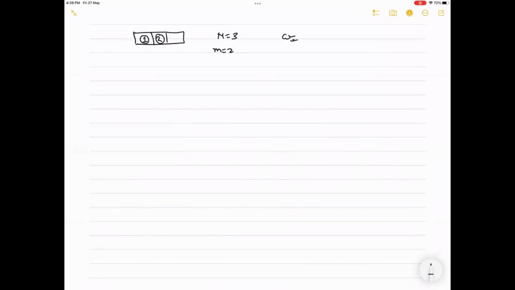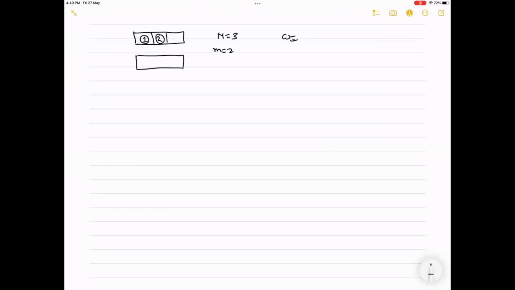Please raise your hand. If I have 2 non-identical proteins and 3 binding sites, how many different possible arrangements are there? Six. There will be a total of 6 different possible arrangements, right?